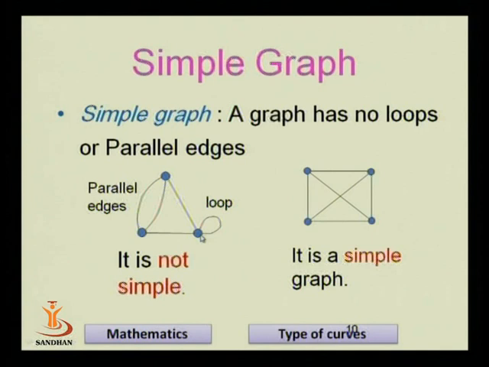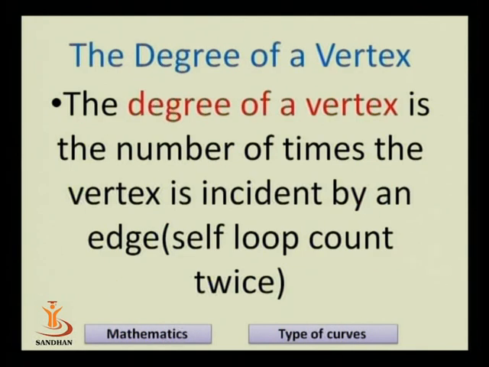Self loop counts twice, plus 1 plus 1, gives 4. So the degree of this vertex is 4. In the second graph, the degree of all vertices is 3 because 3 edges are incident on each vertex. We have seen the degree of a vertex.